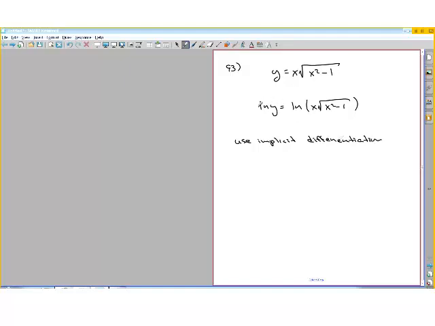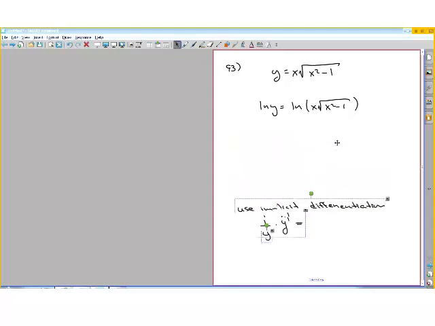You always end up with the same thing, natural log of y. When you take the derivative, you get 1 over y, and then you multiply it by y prime to do the implicit part. And actually, we don't want to use that yet. We're going to use it here in a second.